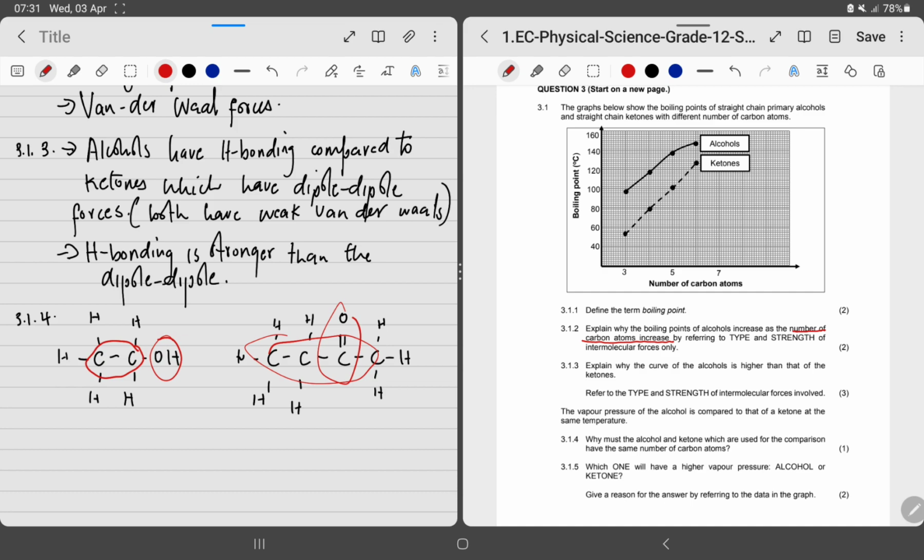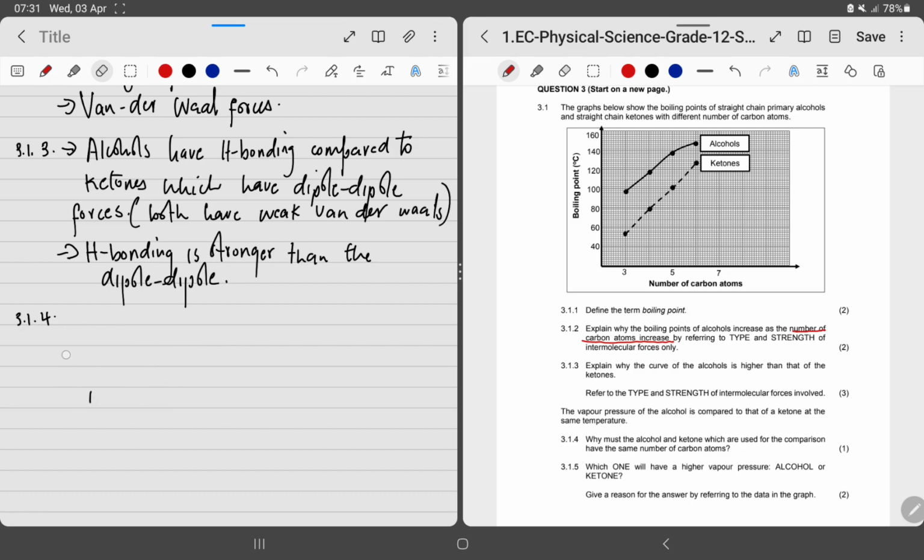So to make the experiment fair, we need to have the same chain length and then just change one thing, so that we have only one independent variable.